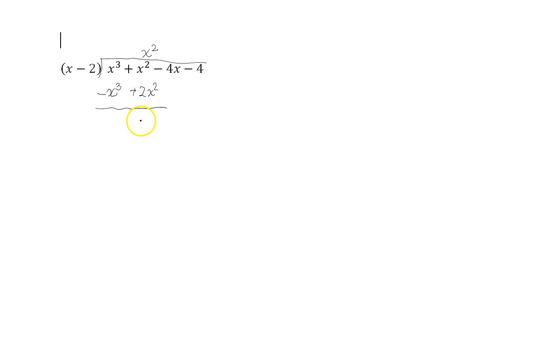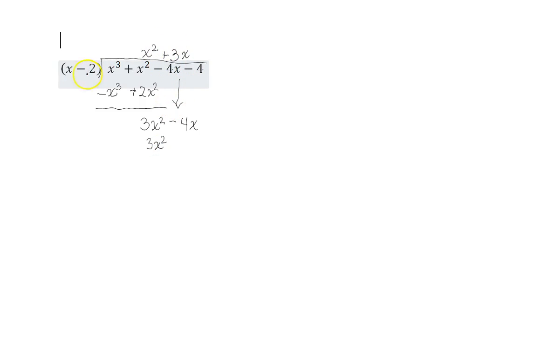This is going to give me a 3x squared. I'm going to bring down this negative 4x. And here I'm going to use a positive 3x. So positive 3x times x is going to get me a 3x squared.